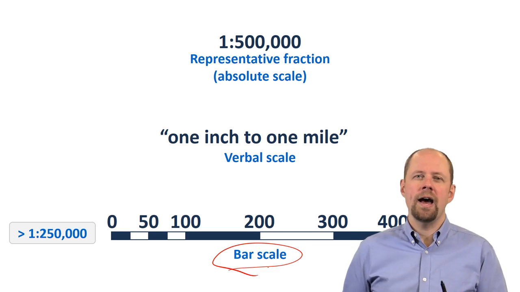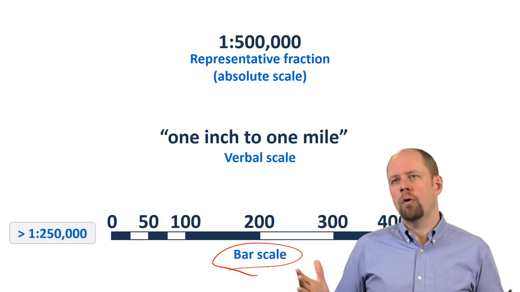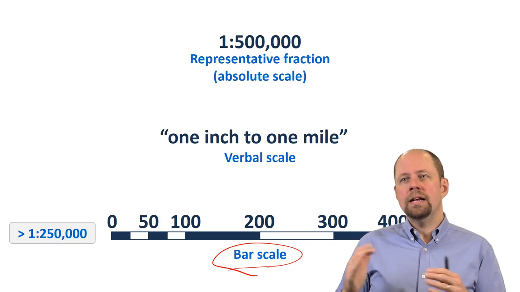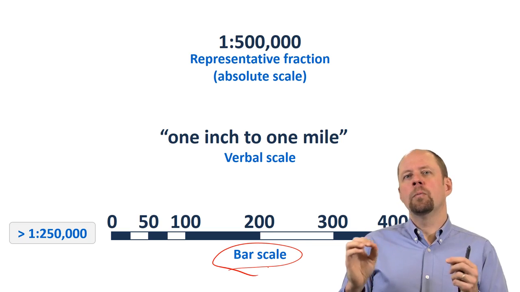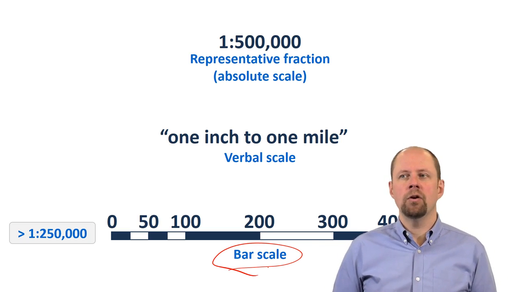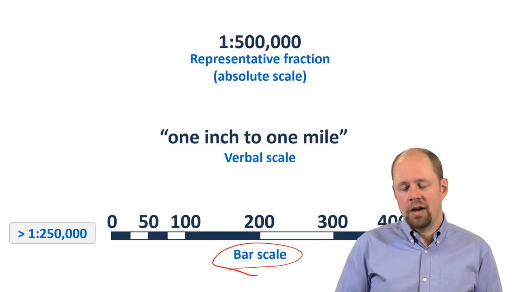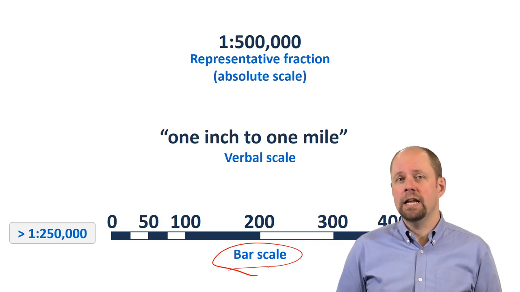What I mean by that is, for example, if you're making a map of a neighborhood or maybe even a city, yes, there will be some distortion taking place from one side of the map to the other, but it'll be so minimal that it really won't make a big difference to any measurements that are being made or the way that somebody reads it. And so it's definitely a good idea to have a bar scale on there, because there won't be enough distortion for it to be misleading in any way.